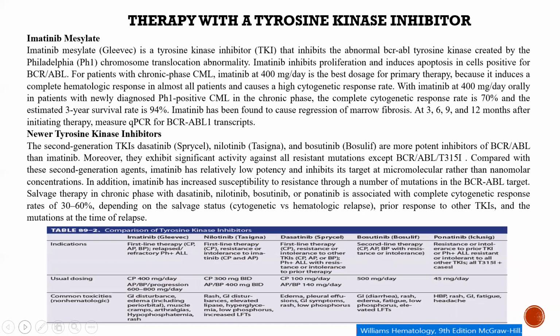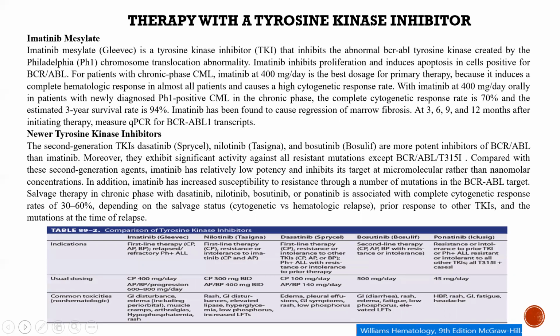Compared with these second-generation agents, imatinib has relatively low potency and inhibits its target at micromolar rather than nanomolar concentrations. In addition, imatinib has increased susceptibility to resistance through a number of mutations in the BCR-ABL target.